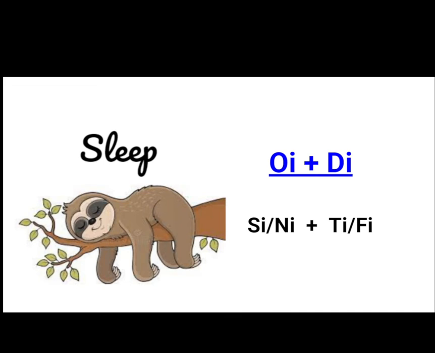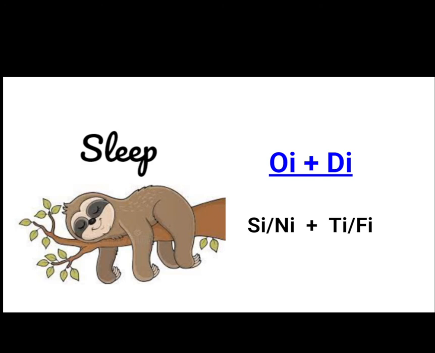So the first animal I'm going to talk about is sleep. The sleep animal is the result of an introverted observer function interacting with an introverted decider function. So this would be either SI or NI interacting with TI or FI, depending on that person's functional stack.